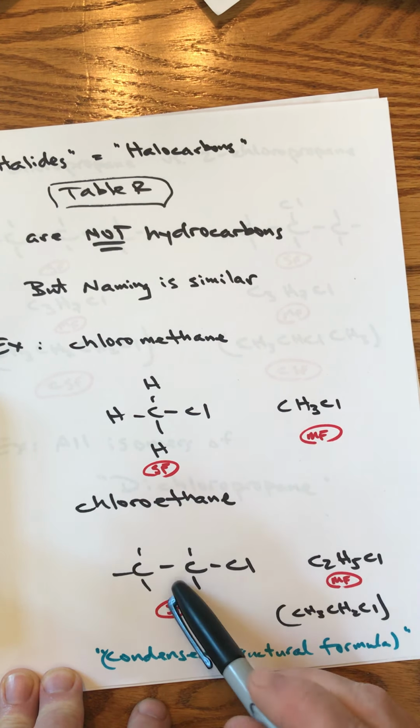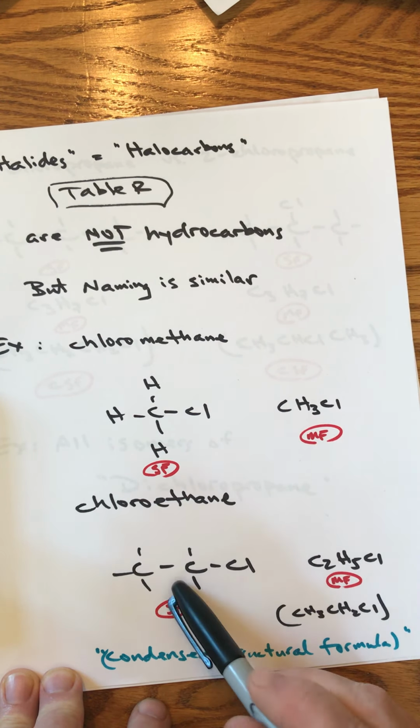So C3, H7, Cl, C3H7Cl. So they're the same molecular formula. These are isomers. This one, I'm going to count from this end. So I'll put the Cl last. CH3, CH2, CH2Cl.